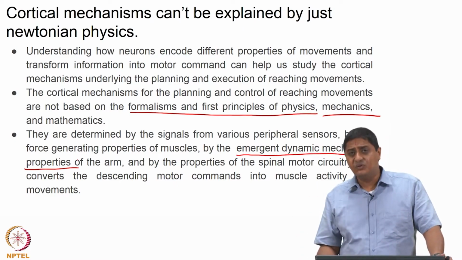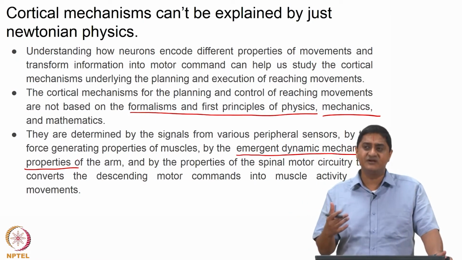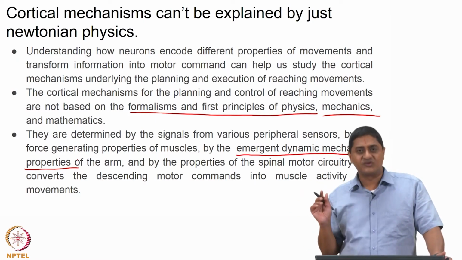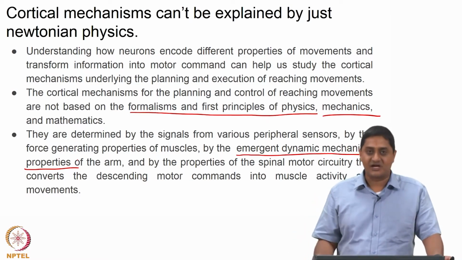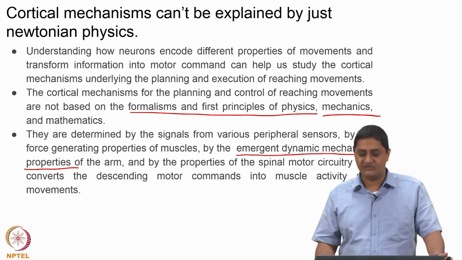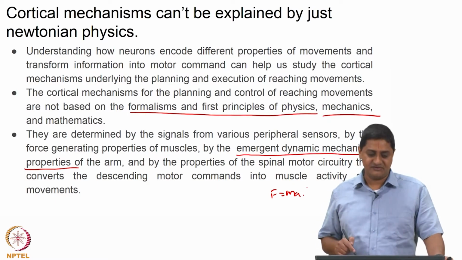But since we do live in constant interaction with the physical world, and the inanimate world follows Newton's laws, a lot of our actions, or all of our actions, also follow Newton's laws, but we do not solve F is equal to ma. F is equal to ma is true for us, but it is not that we are computing this, right. So, that is the point.